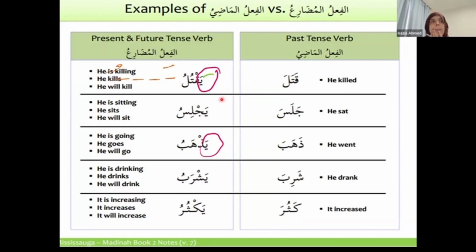And what about Bab Daraba? Yajlisu, the second one. And yadhhabu and yashrabu are Bab Fataha because they got Fatha on it. Look, alhamdulillah, you're already recognizing it.